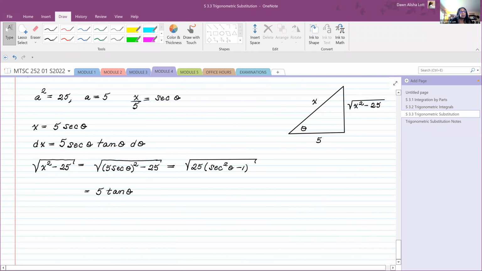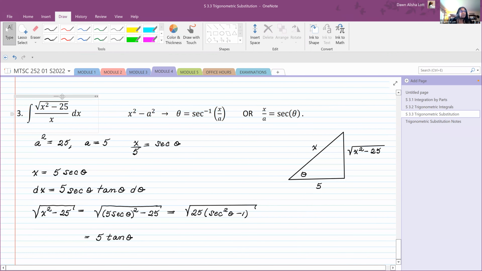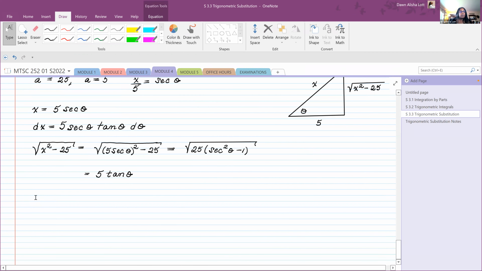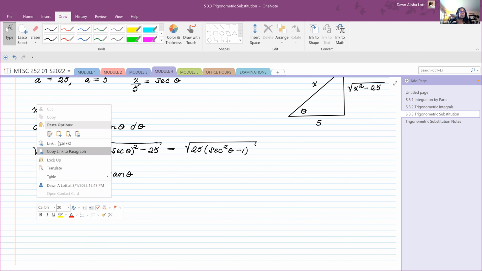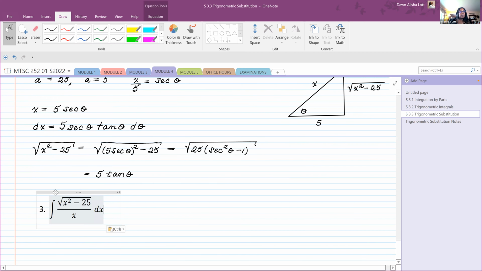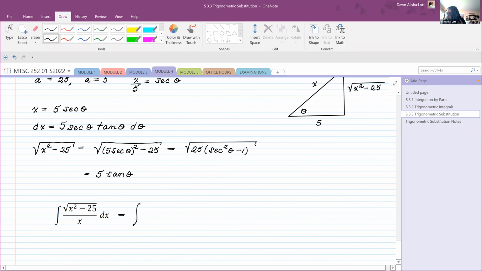We're going to do a complete substitution again. So this is going to equal the integral, the square root of x squared minus 25, well, that's 5 times the tangent of theta.